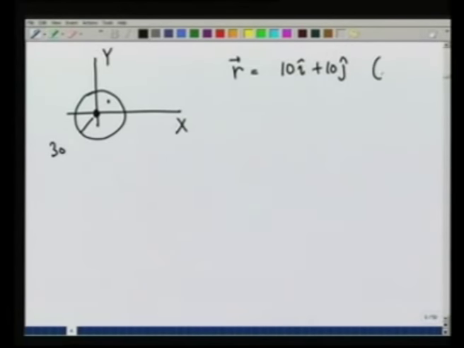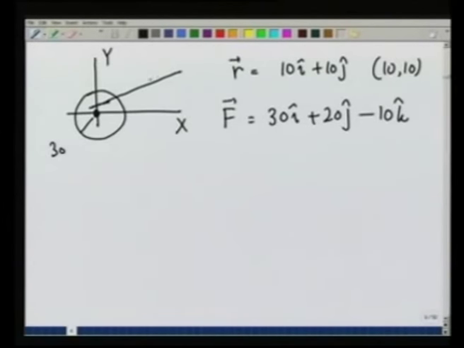In xy notation, it is a point (10, 10), a force which is, let us say, 30 i plus 20 j minus 10 k. So, I am applying a force at this point which is like this in the plane of xy, and it has a z component also, minus 10 k, therefore going into the plane of this board.